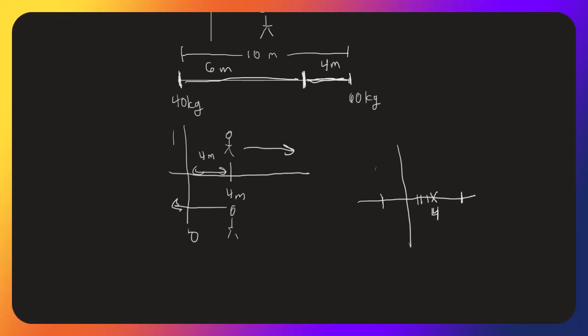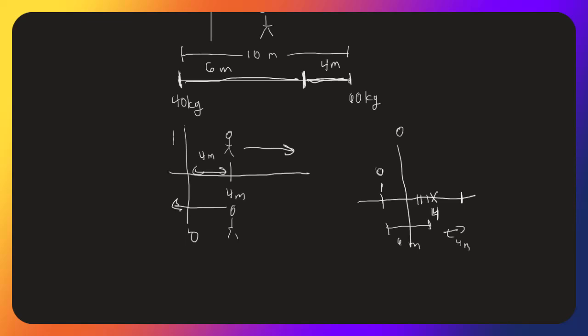And if the center of mass has to be at x coordinate 4, and we also know that if we called this point 0, we would have to have 6 meters here and 4 meters here.